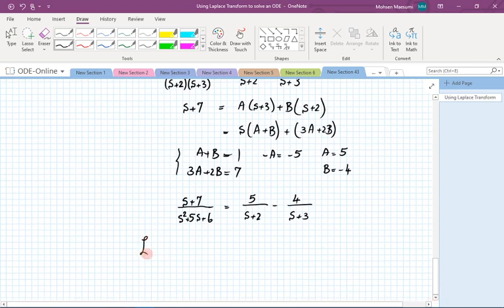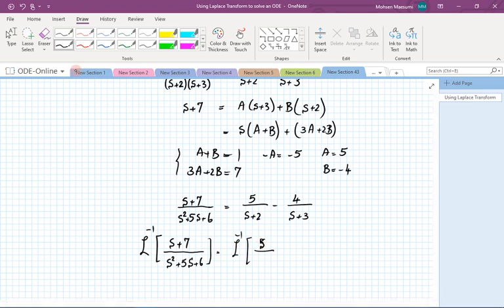The inverse Laplace transform of (S plus 7) over (S squared plus 5S plus 6) is going to be the inverse Laplace of 5 over S plus 2, I better be careful about my handwriting, the 5 looks too much like S, minus the inverse Laplace of 4 over S plus 3.